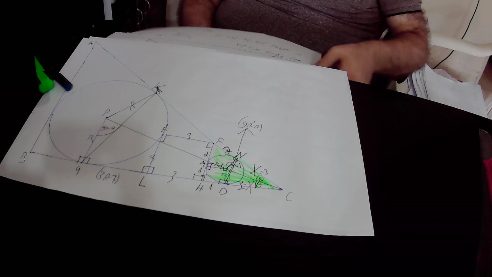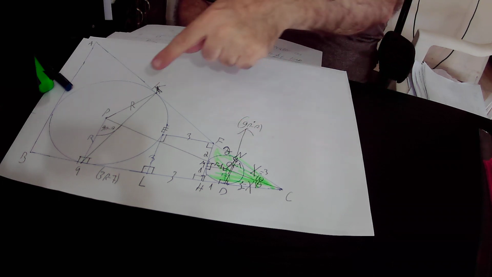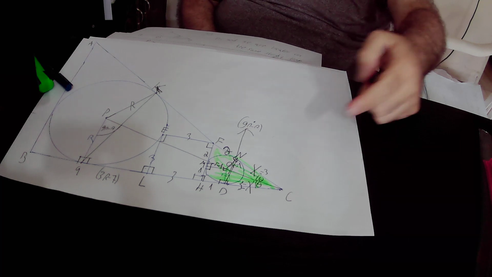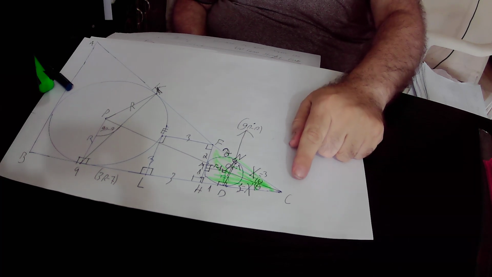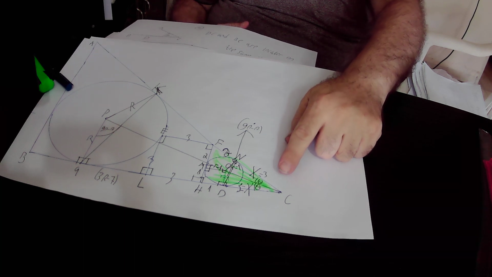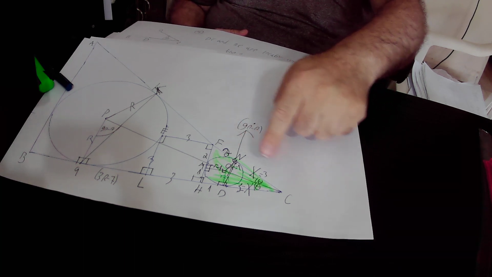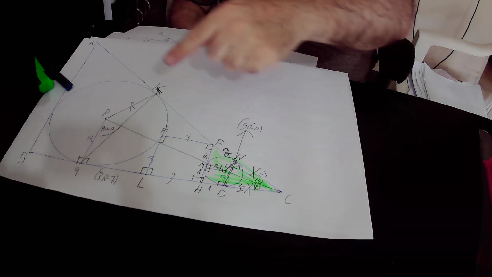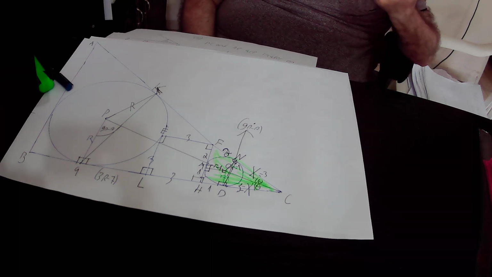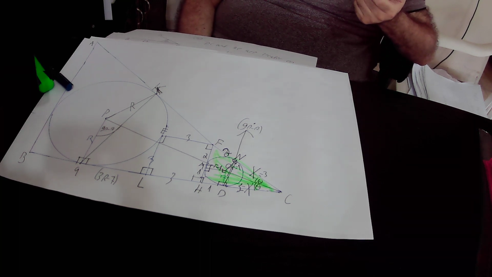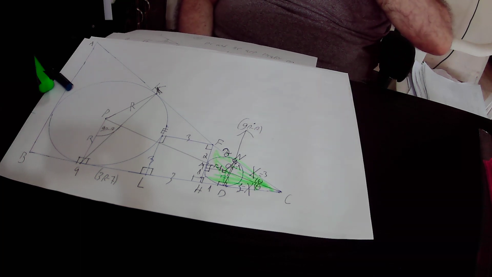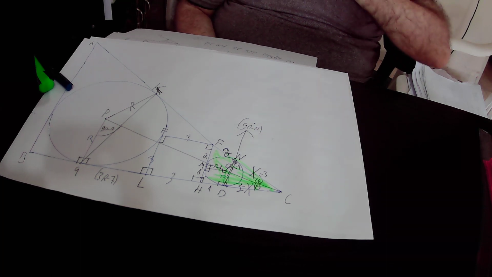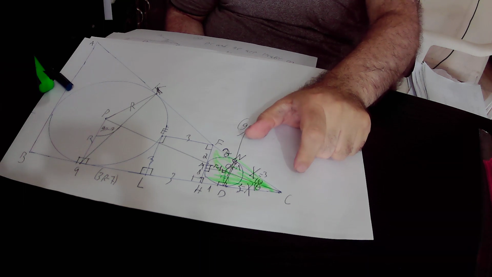According to our assumption, CO doesn't pass through point P. If CO doesn't pass through point P, it means that points C, O, and P are not located on the same straight line. If points C, O, and P are not located on the same straight line, it means that they must be on different straight lines.